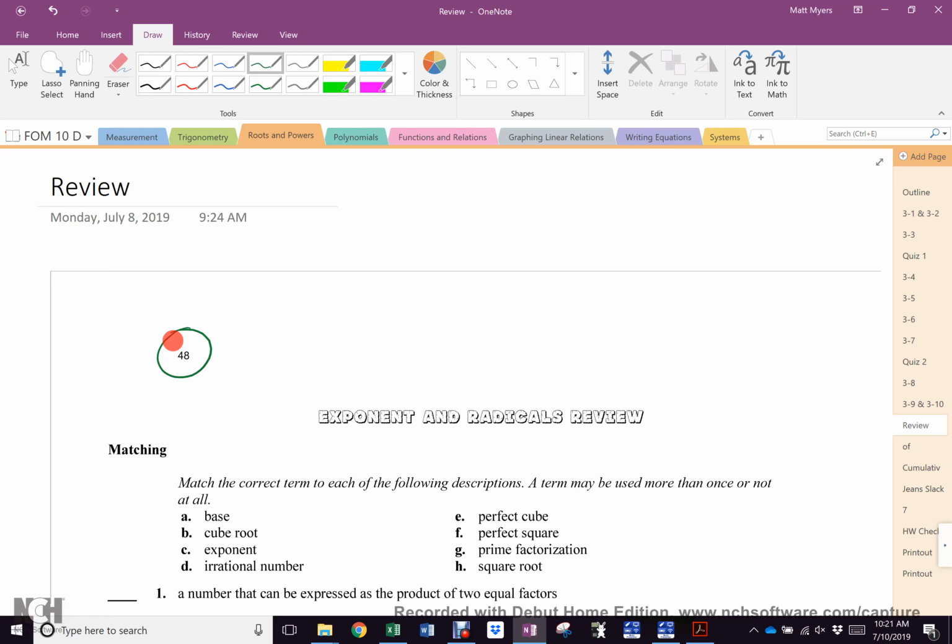So, 20 minutes now to work on exponents and radicals. I would do a little bit of practice if I were you before I went to this. Or maybe you want to go to this, do everything you can remember how to do now, do a little more practice, then come back to that. You decide what works for you.